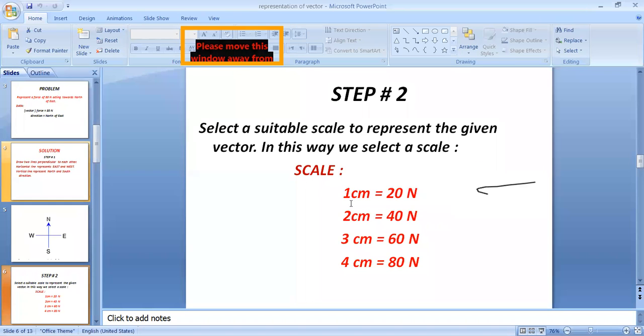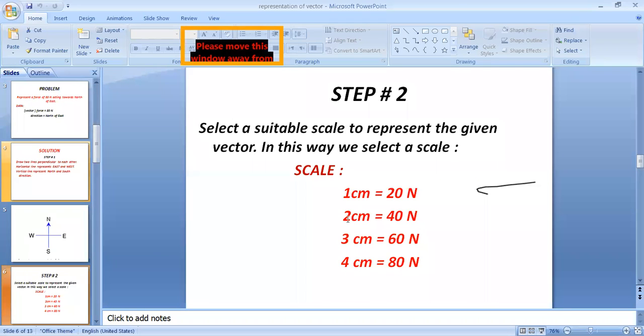Now, if 1 centimeter equals 20 Newton, then 2 centimeter will be equal to 40 Newton. Why? Because 20 plus 20 will be equal to 40 Newton. Is it clear to you?